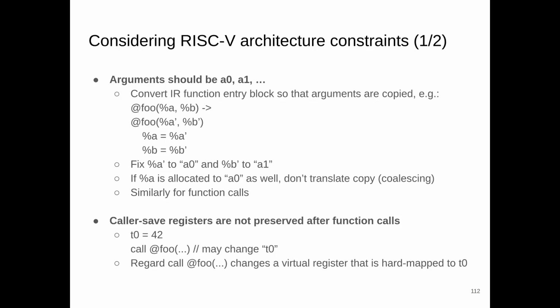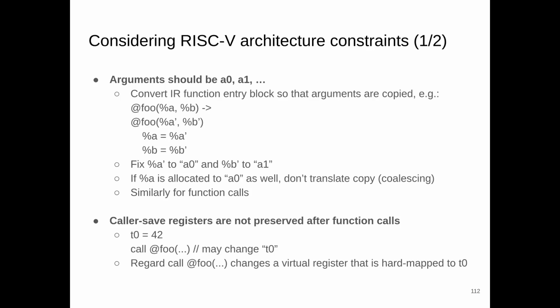So the idea is simple. You first transform the program into this form in such a way that argument registers are used only once. They are only copied from, and they are fixed in the coloring. So at the beginning of the coloring algorithm, you just fix the coloring of A' and B' into A0 and A1.